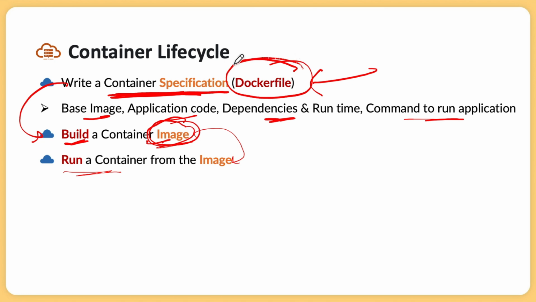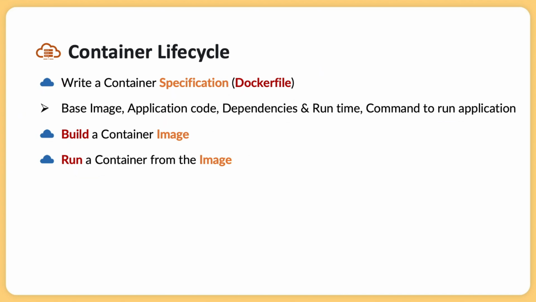Using that specific tool, you can run your container. When the container is started from the image, the container becomes alive. Your container starts running and starts serving the application. Whatever application code you have written will start running and we can access it from the container.